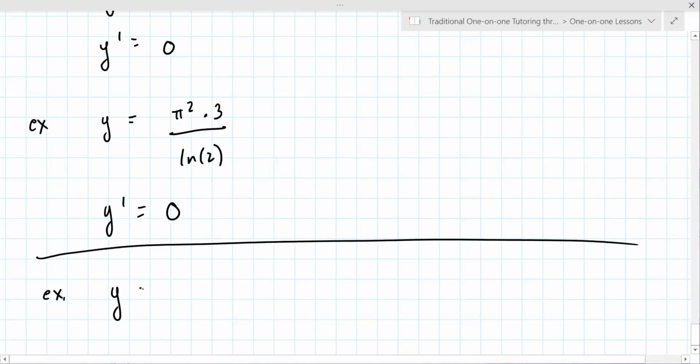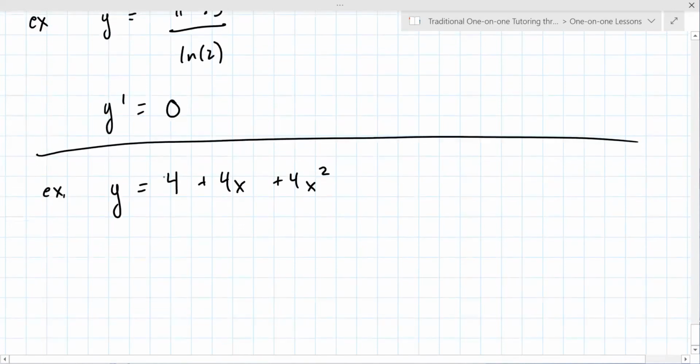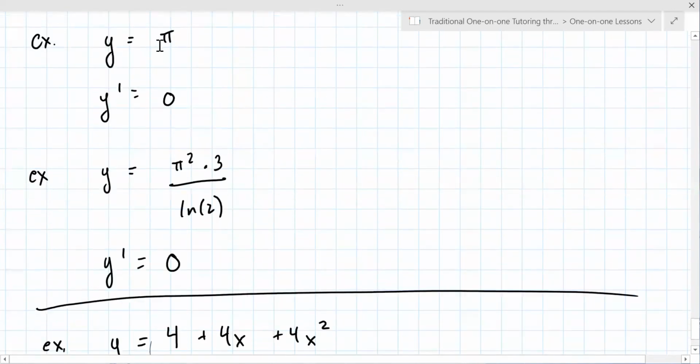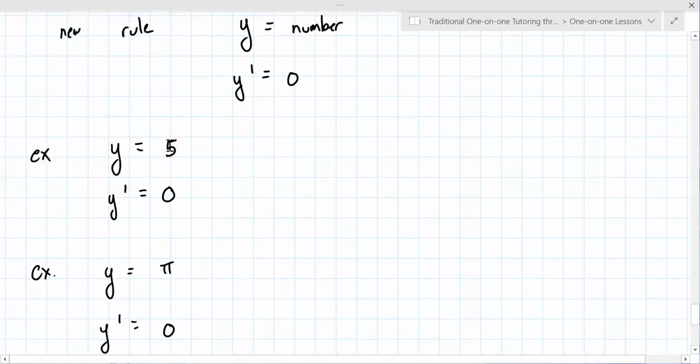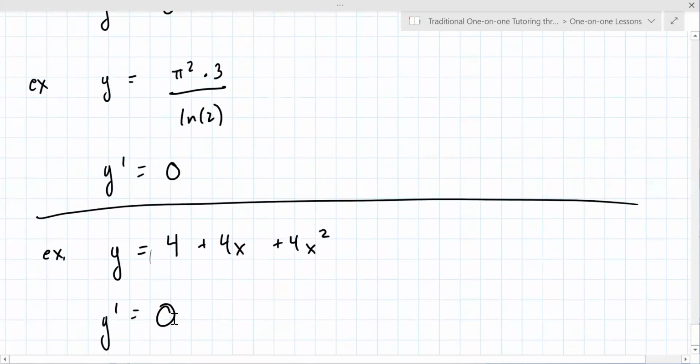I tell them that y equals 4 plus 4x plus 4x squared. What is the derivative of a constant or a number? We just did 2 examples like that. What's the derivative of a number? 0. See, if it's a number, the derivative is always 0.